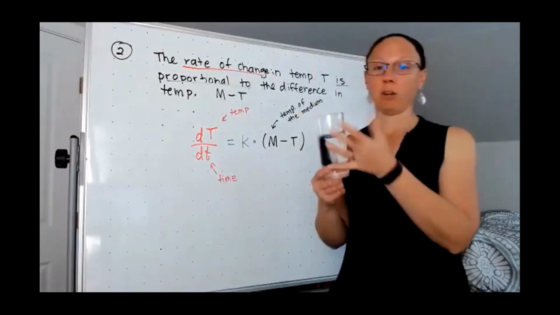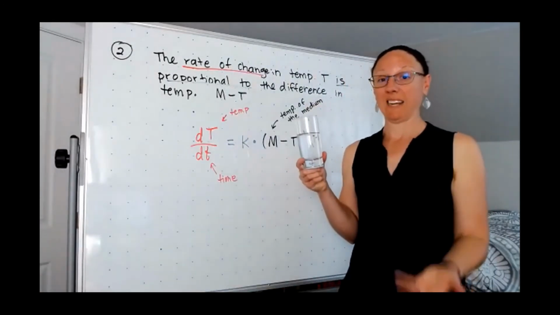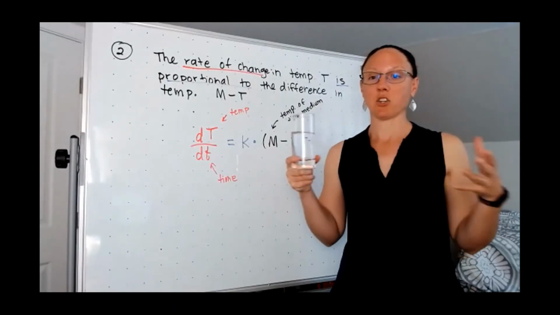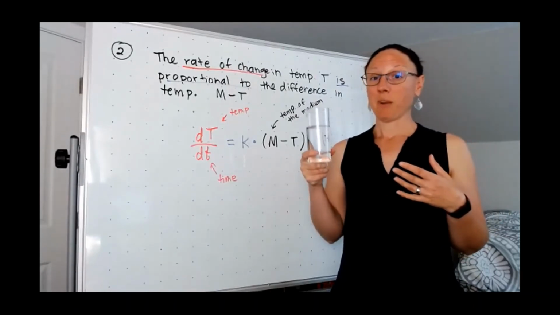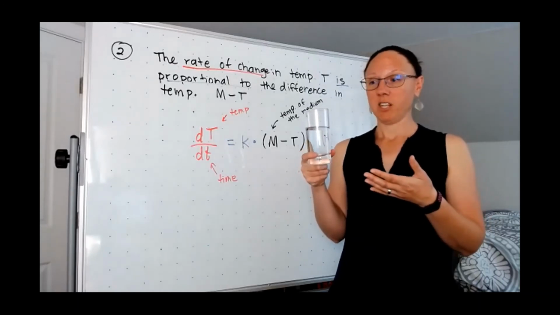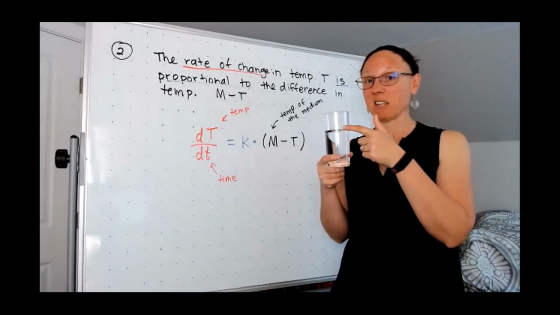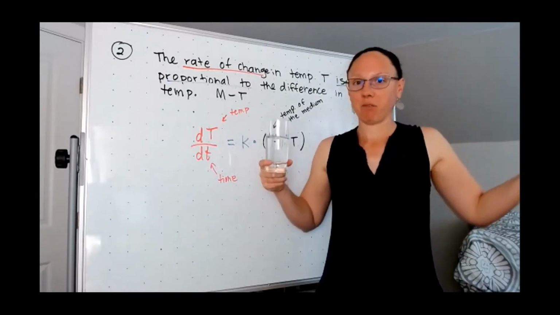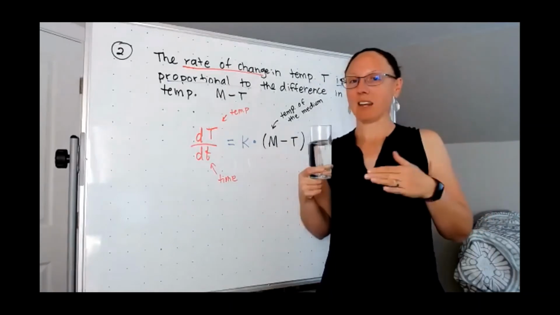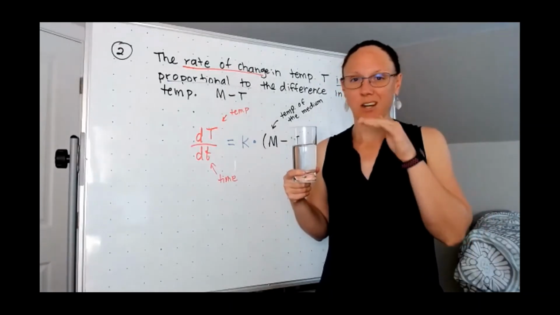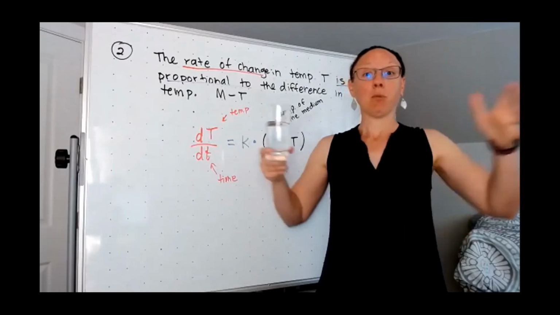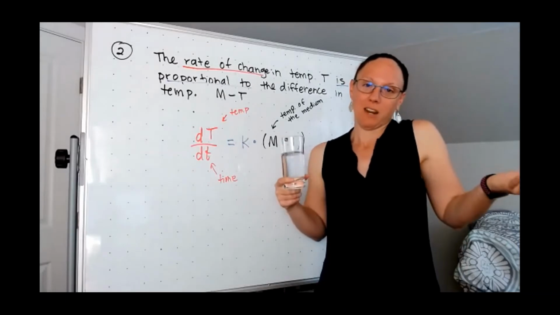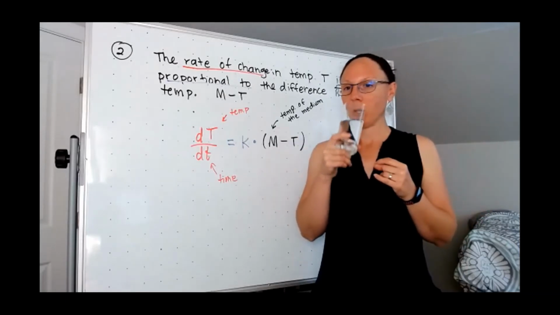So when I poured myself this glass of water, I took it from the fridge, so it was colder than the temperature of this room. But if I leave it in here long enough, we expect both the glass and the water to eventually be at the temperature of the room. If the temperature of my room was constant, which it is not, it heats up in the afternoon for sure, but if we pretend that the room had a constant temperature, eventually we would assume that everything in the room would be that temperature.